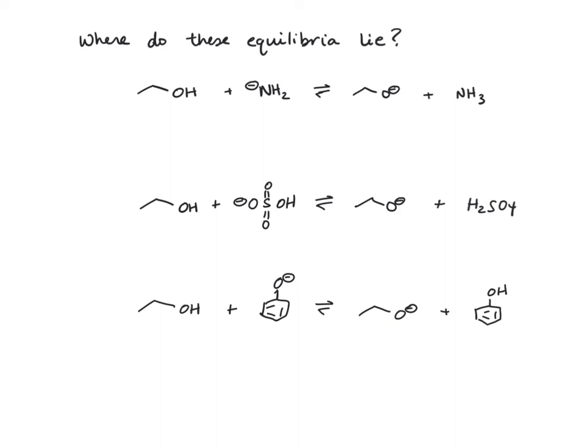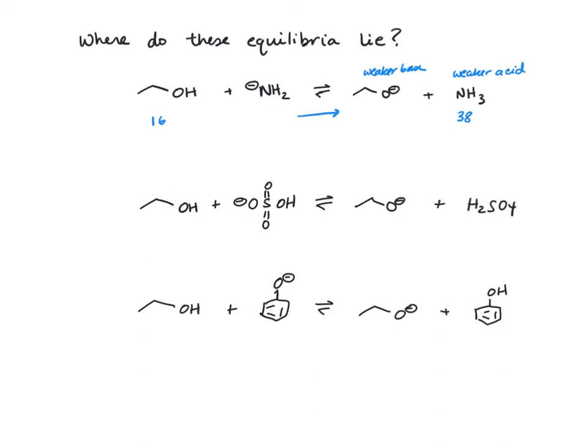We know already that alcohols have a pKa of around 16. And then on the right side we want to find the conjugate acid, and this is ammonia with a pKa of 38. 38 is larger than 16, so this gives us an equilibrium to the right where we've got a weaker base and a weaker acid.